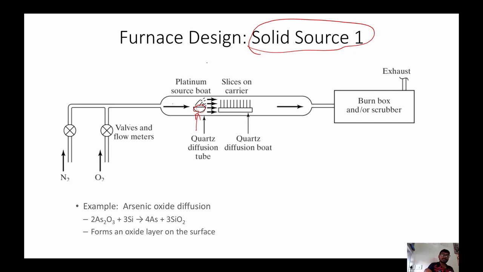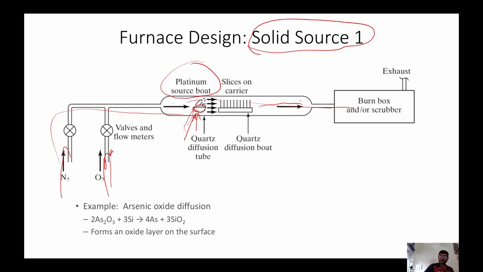This is a platinum source boat, made of platinum, because platinum can withstand temperatures higher than 1200 degrees. Here comes the nitrogen gas and oxygen gas. This is the arsenic source, and it will be oxidized by this oxygen, and this nitrogen will take care of the out diffusion of these gases.